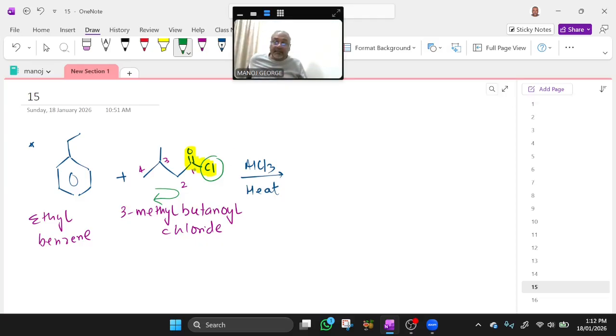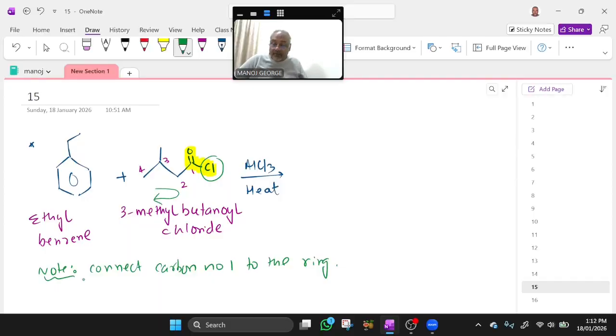You have to connect carbon number 1 to the ring. So this is a note for everyone. Just make sure that your structure comes out correctly.